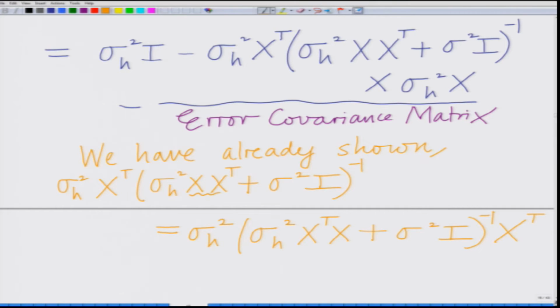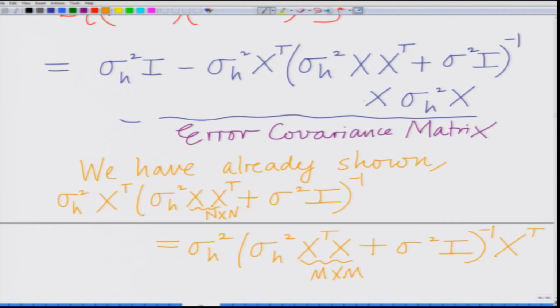And remember, X X transpose is an n cross n matrix, X transpose X is an m cross m. This is the result that we have already shown. Now, if you look at this part, sigma_h squared X transpose times sigma_h squared X X transpose plus sigma squared identity inverse, if you call this star, this is exactly your star.